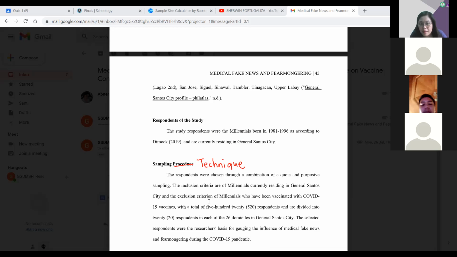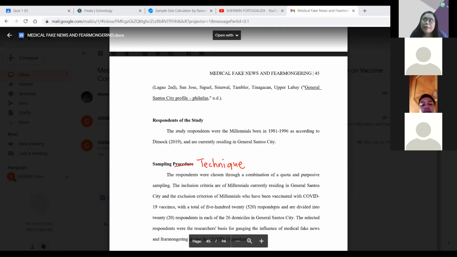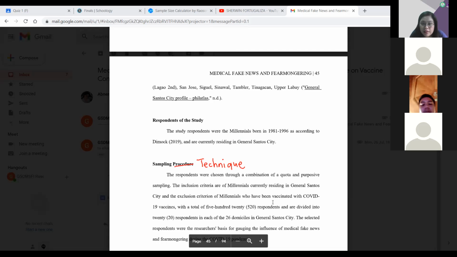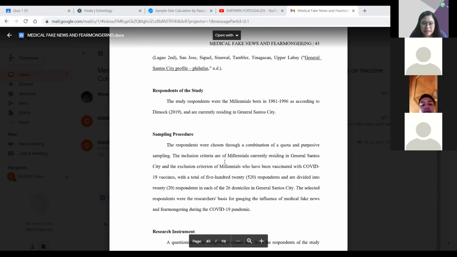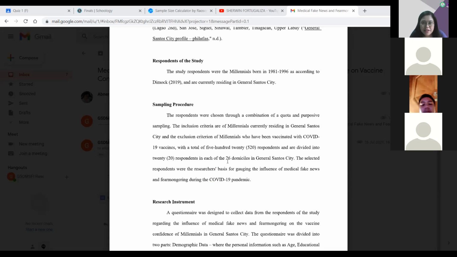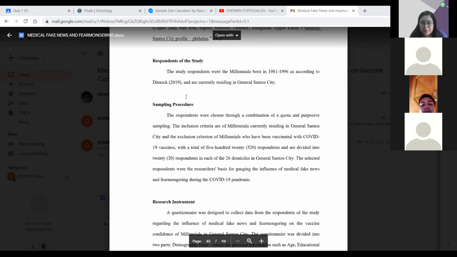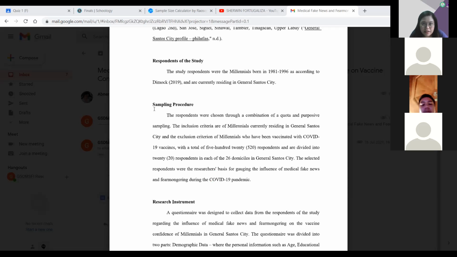So we will be placing here the number of the sample, and at the same time later i-discuss ko sa inyo yung different types of sampling technique. Though I believe na-discuss na siya sa inyong statistics. You had your statistics last time, di ba? Pero ulitin natin siya i-discuss para ma-refresh kayo ano ba yung sampling technique na tinatawag.